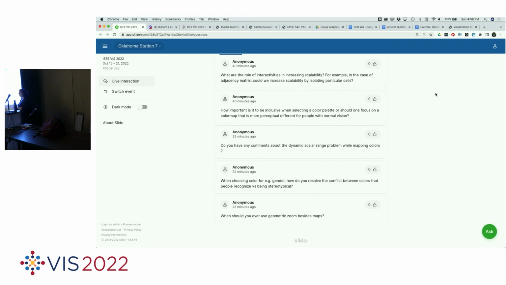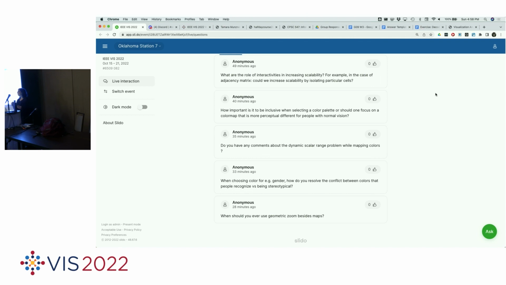In particular, after spending the last 8+ years trying to actually not only teach from this myself, but use exercises other people like Enrico Bertini developed to teach out of the book and then use in my own classes, it's really made me rethink chapter 5 on marks and channels. And so I have some different ideas about marks and channels than I did when I wrote the first edition.